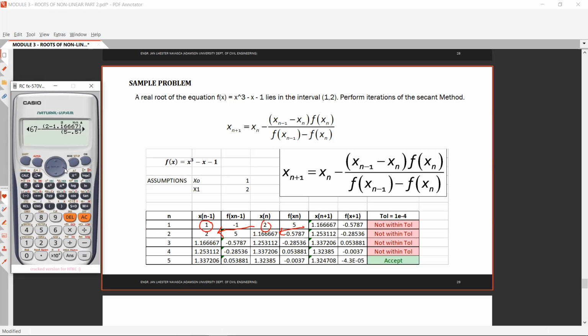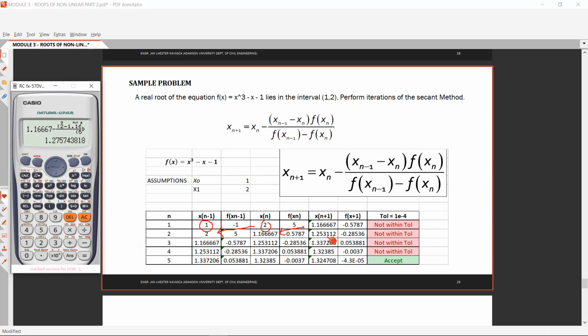Okay. 5 minus 0.5787. You have, okay, so may discrepancy na lumabas. Okay, okay lang yan. Kasi hindi exact value nilagay ko. Okay. So, kung gusto niyo ilagay yung for your exact value, syempre pwede mong gawin to. 1.253.